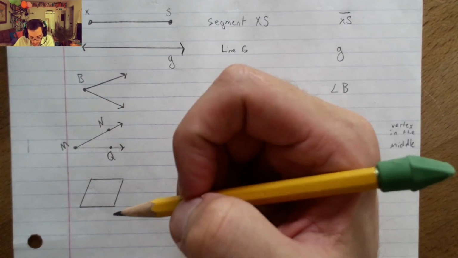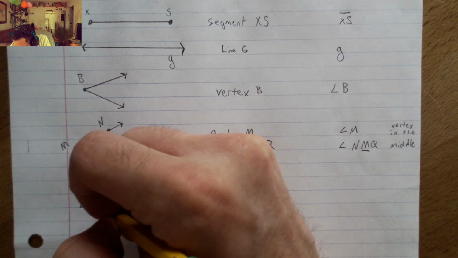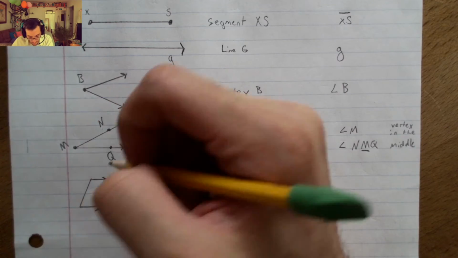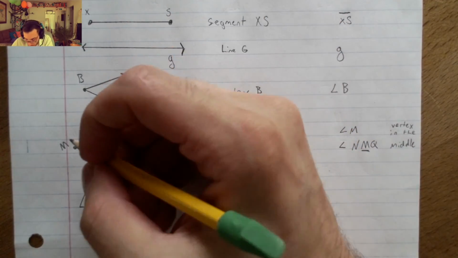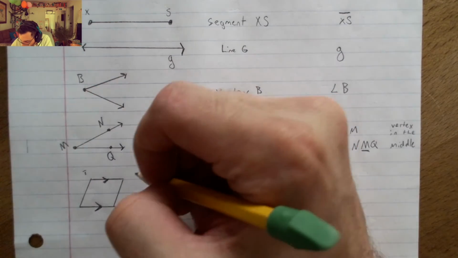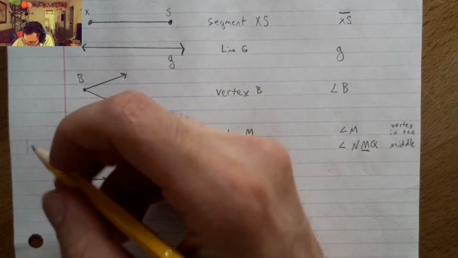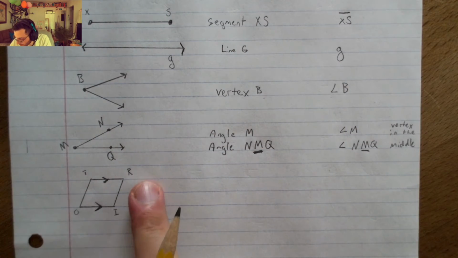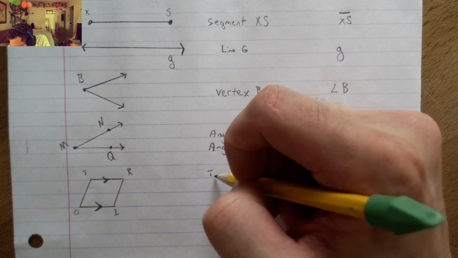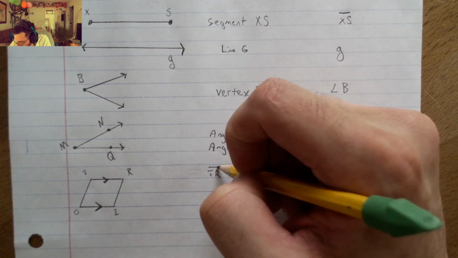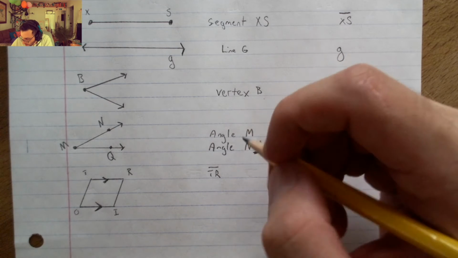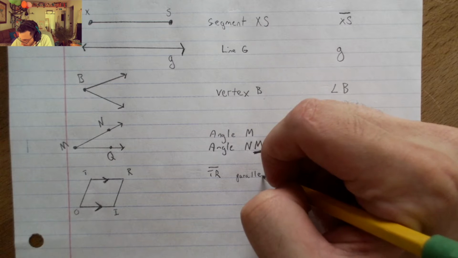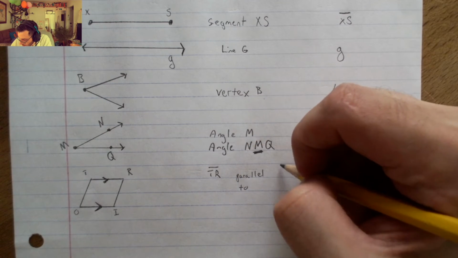But here, what we can go ahead and say is this bottom is parallel, or it's at the same angle. And we're using those arrows to dictate that. In this particular example, we can say that segment TR is parallel to segment OI.